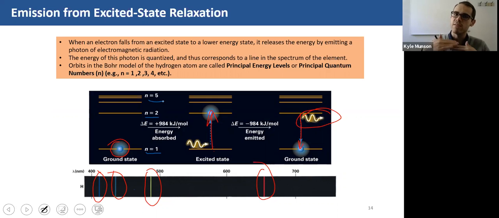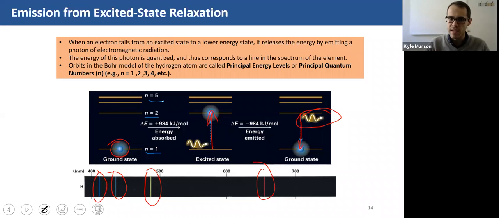Each one of these is a different level, or a different step, in the energies that the electron can have in the hydrogen atom. But most of the time, it's going to be in the n equals 1 level, the ground state, unless it's given energy to be promoted to an excited state.